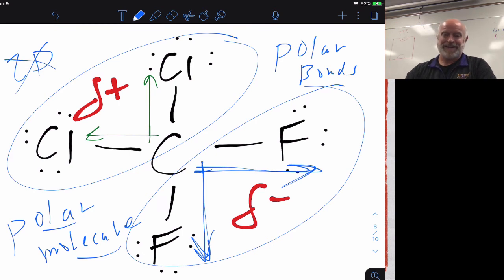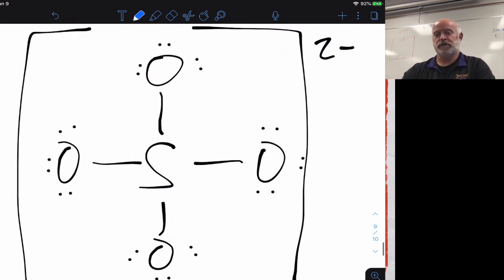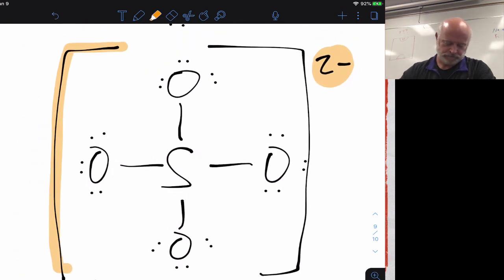All right, last example. We put this one in here on purpose because there's something very unique about this one, okay? So in this case, we take a look. First of all, something that should stand out is we have a -2 charge, okay? We see the brackets. That reminds us that this thing here is part of a polyatomic ion, okay?